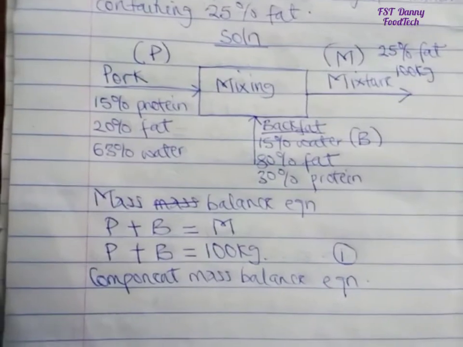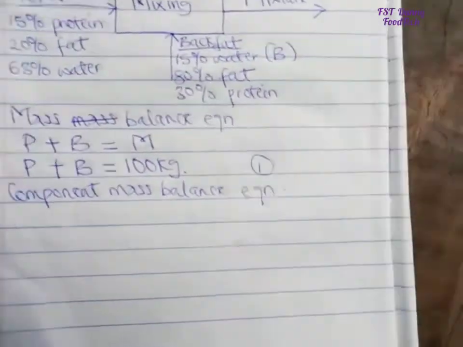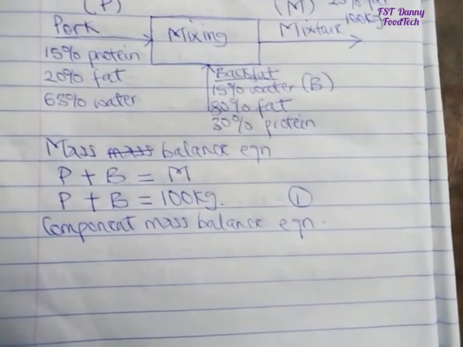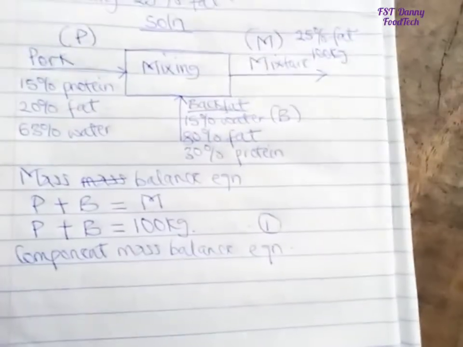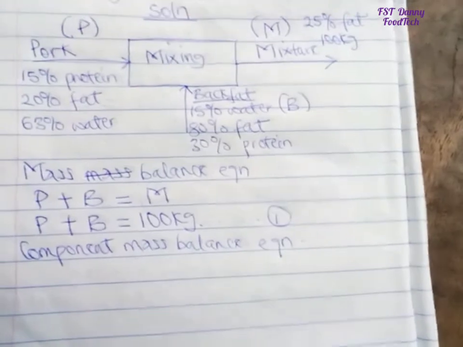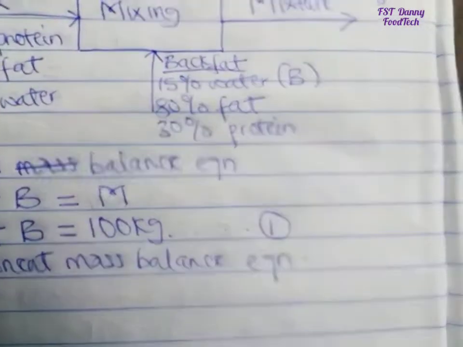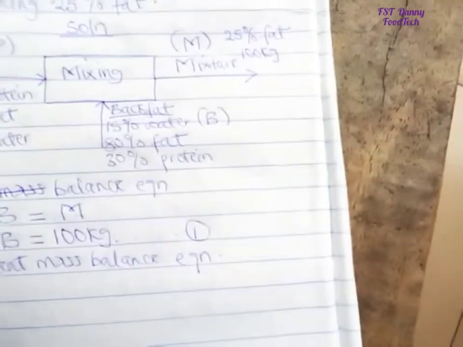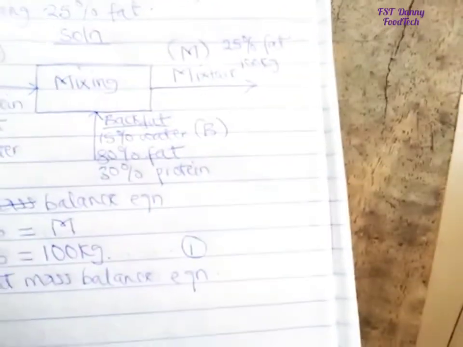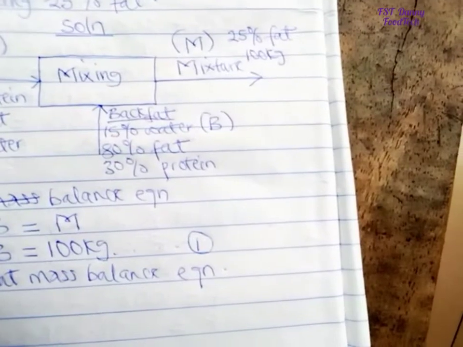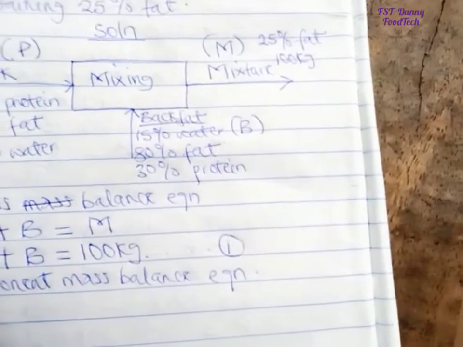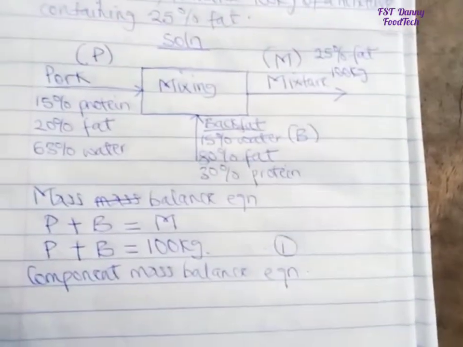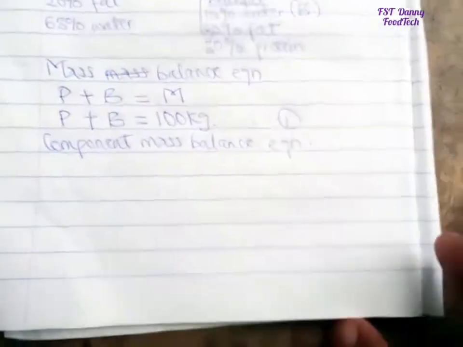So these were their components. But one component is common in all, and that is the fat. Pork had 20% fat. Back fat had 80% fat, and then the mixture had 25% fat.